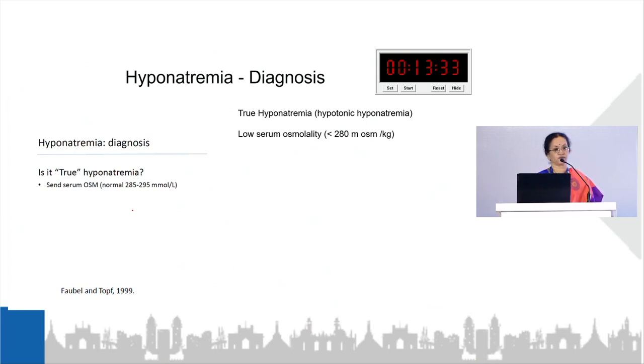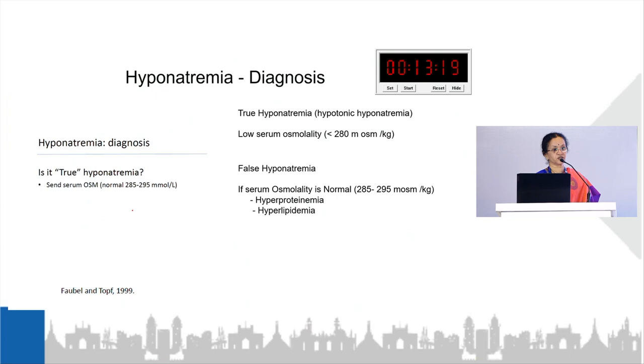So it is hypotonic hyponatremia with a low serum osmolality. This is the rule. However, there are two exceptions to this rule where the hyponatremia is pseudo, it is falsely low. These two conditions are associated with a normal serum osmolality or even a high serum osmolality.